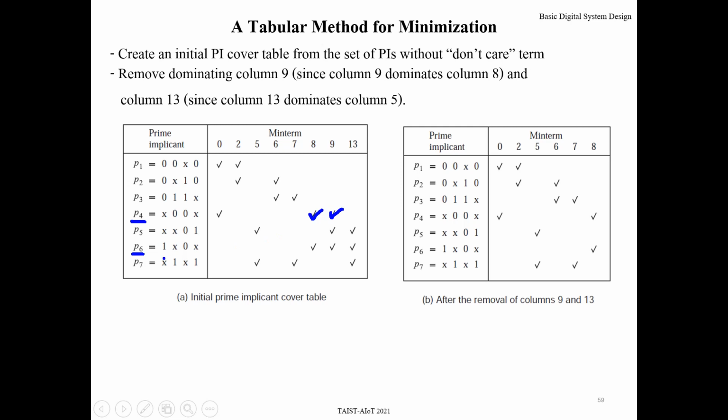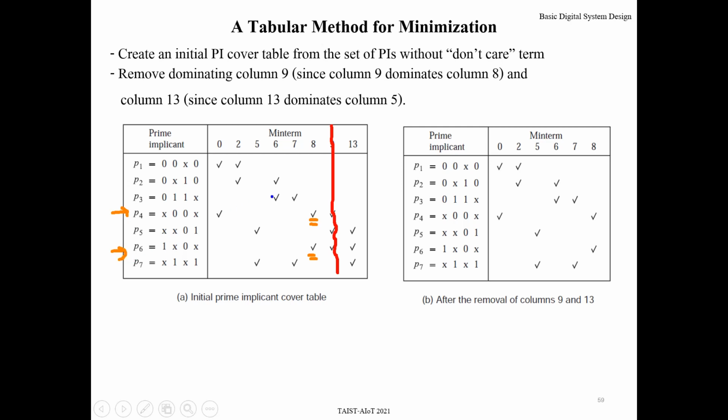So we can remove this column, because when you remove it, the left minterm of this column, the prime implicant is this and this.